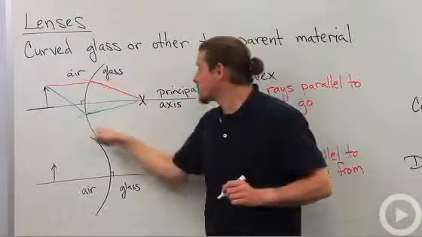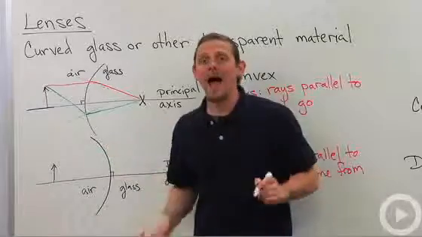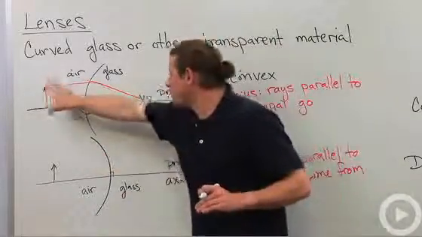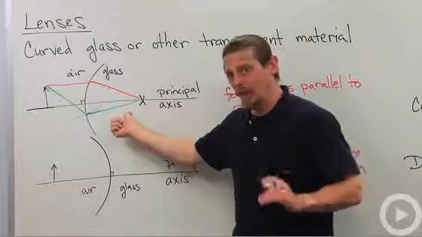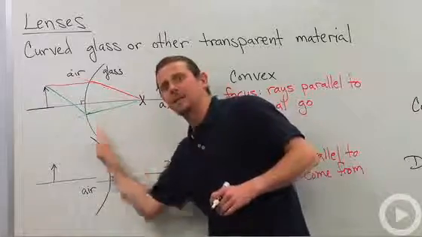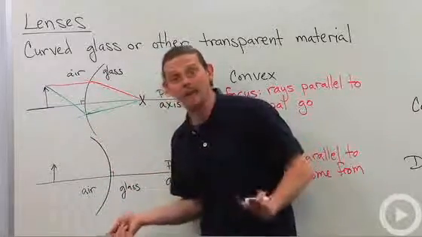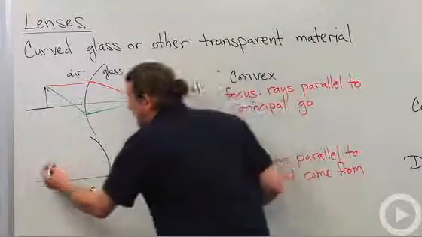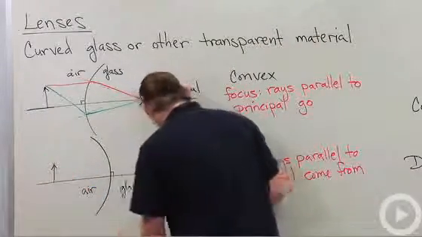All right, so this is called converging. When I have convex glass, light rays converge after they go through. All right, what happens if I've got a piece of glass that's like this? Concave. Well, in this case, we're going to do the same thing. So let's go ahead and draw some light rays. Here's one.